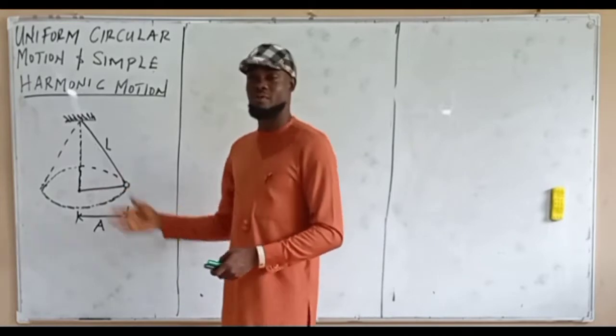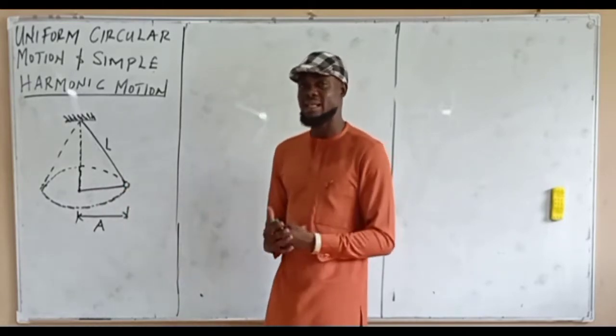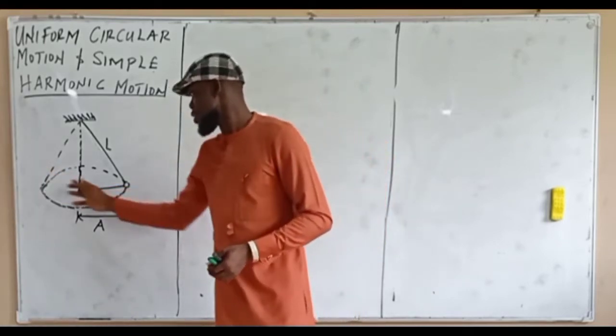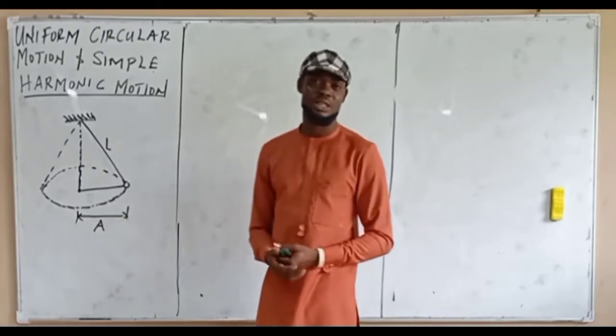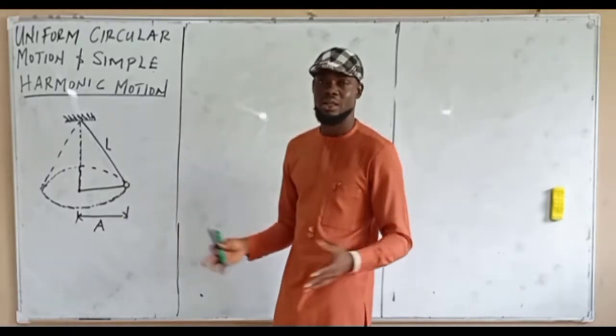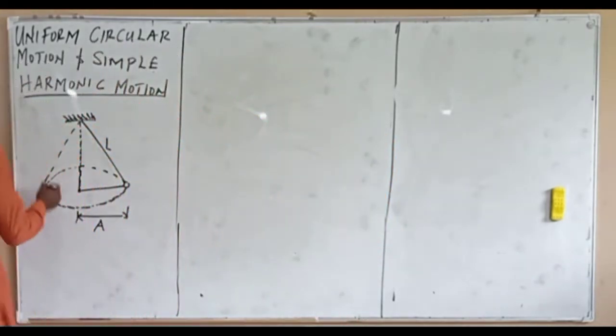This is one type of simple harmonic motion, and you may be asked to calculate the velocity at which this ball is moving in this harmonic motion, the acceleration, and the others.